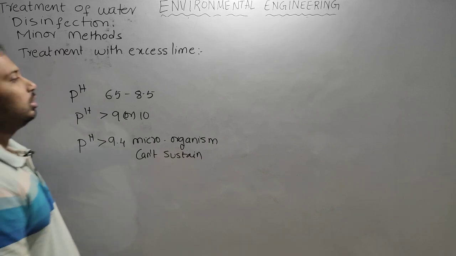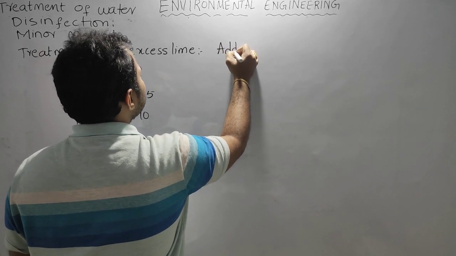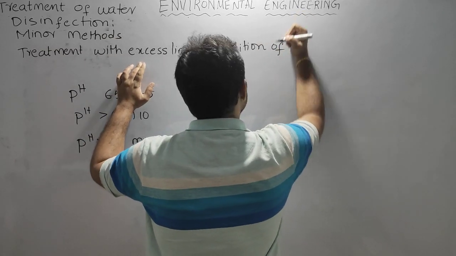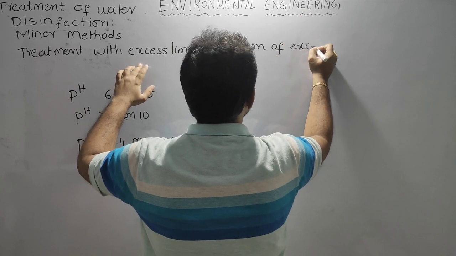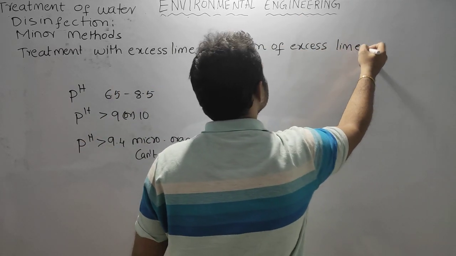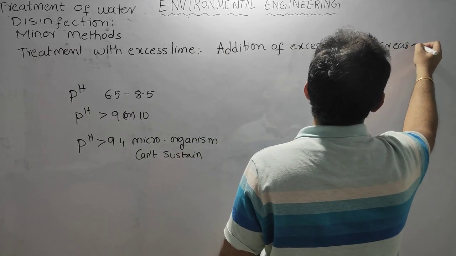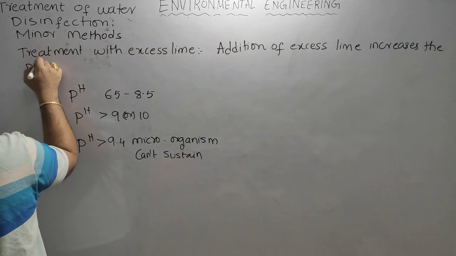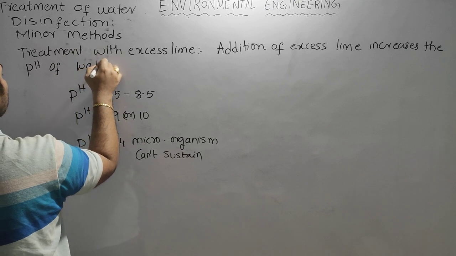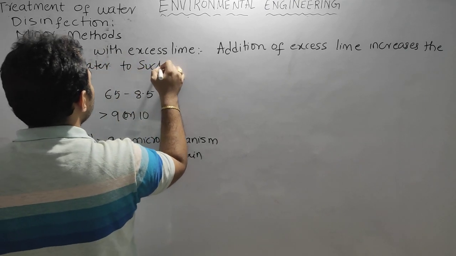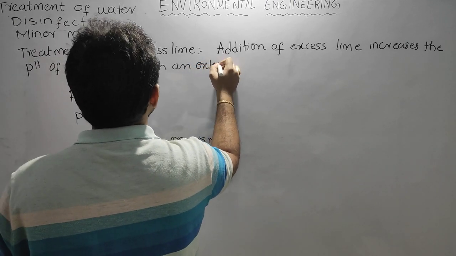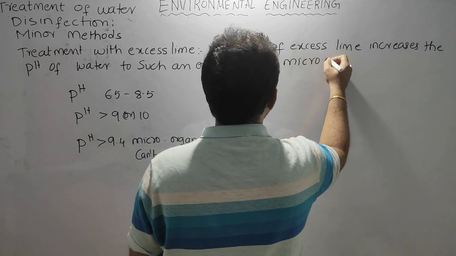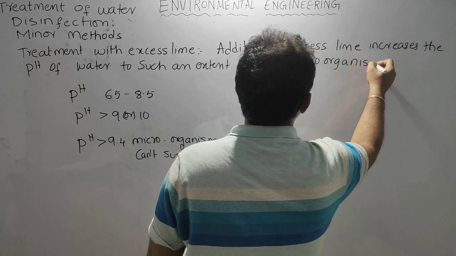So the addition of excess lime increases the pH of water to such an extent where microorganisms cannot survive, cannot sustain.